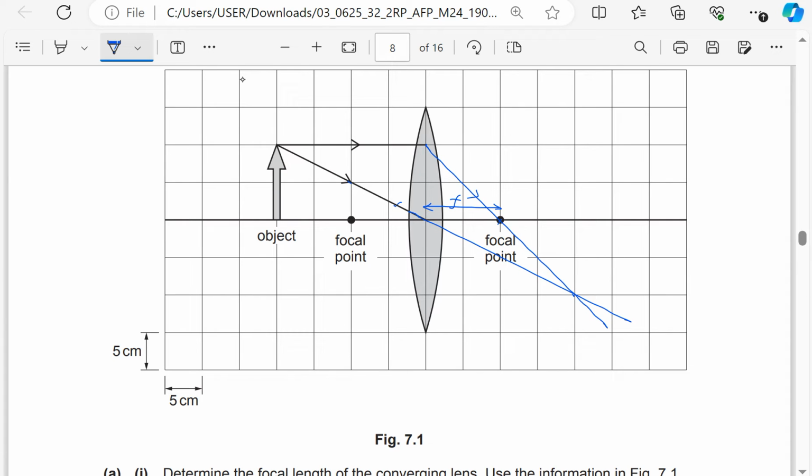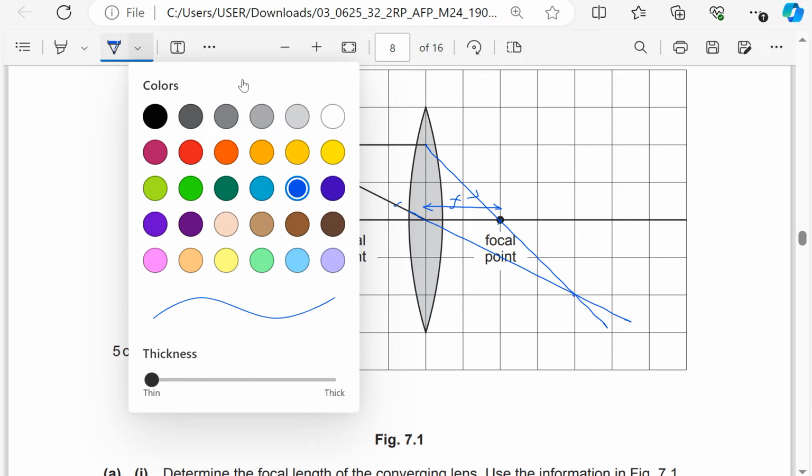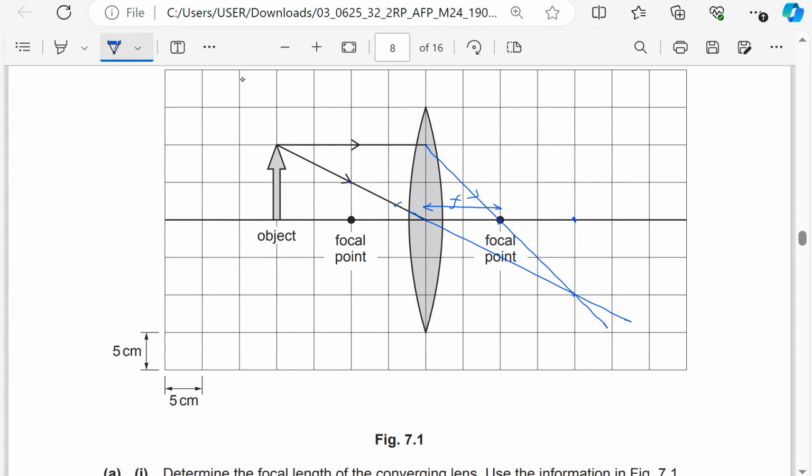Okay, so those are the rays. They are meeting there. So this is going to be a real image. I'll just try to make this thicker. I don't need to draw exactly what the examiner drew and waste my time.